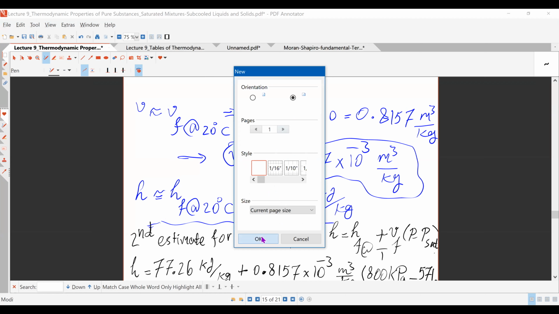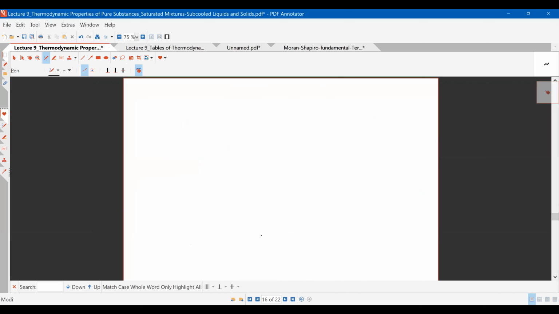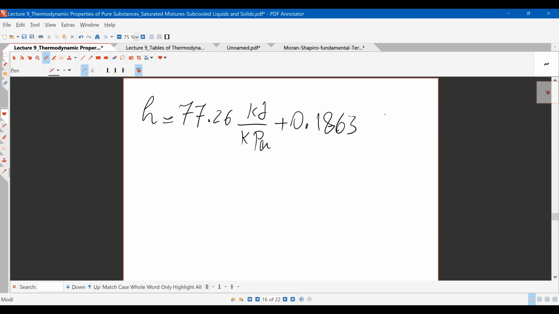Okay, here we go. All right, H equals, if you do the math, H will equal 77.26 kilojoules per kilopascal plus 0.1863 cubic meter kilopascal per kilogram.